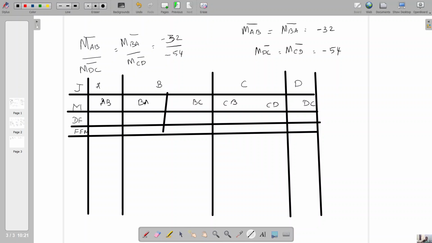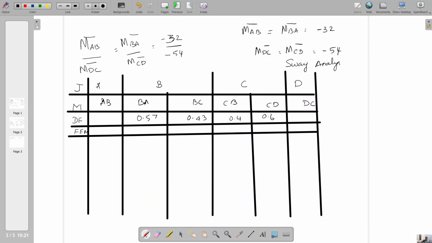And you try to divide this also. Okay, distribution factor we know that is 0.57 for BA and 0.43, and 0.4 and 0.6. So this analysis is the sway analysis.